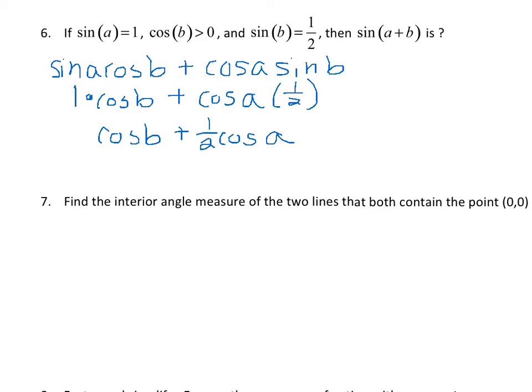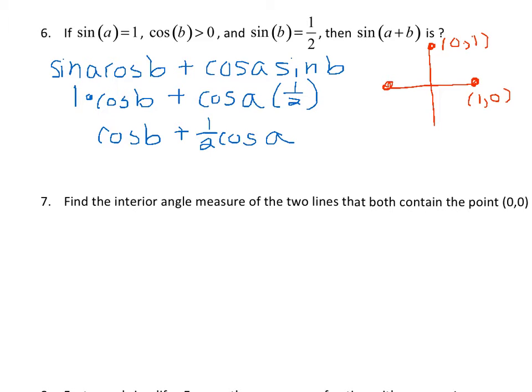If we are given that the sine of A equals 1, A could only be one possible angle. So we need to remember about our unit circle. For our unit circle, we know that 0 degrees, the coordinate, is 1, 0. For 90 degrees, the coordinate is 0, 1.